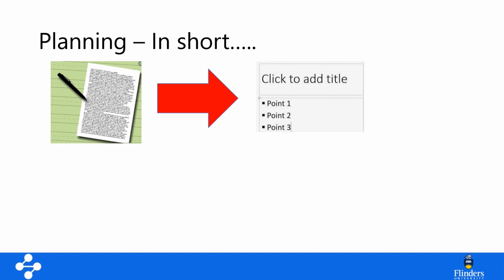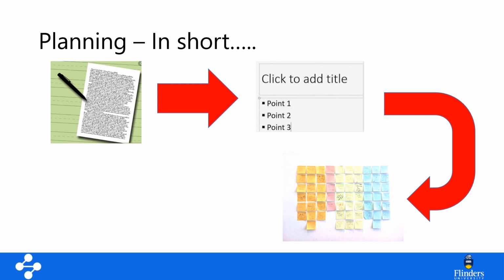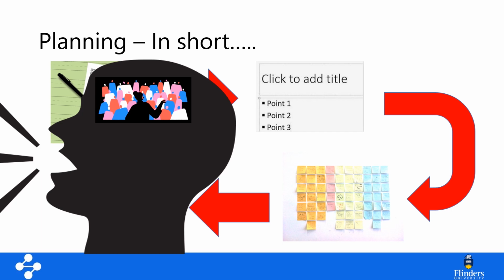Next, think about the points or minimize the points into 3 or 4 points. Then, arrange your points into the sequence which you want. All right, and think about the flow of your points. Finally, consider your audience and practice your timing.